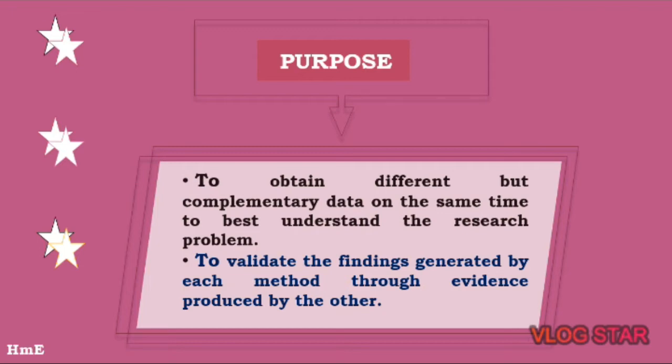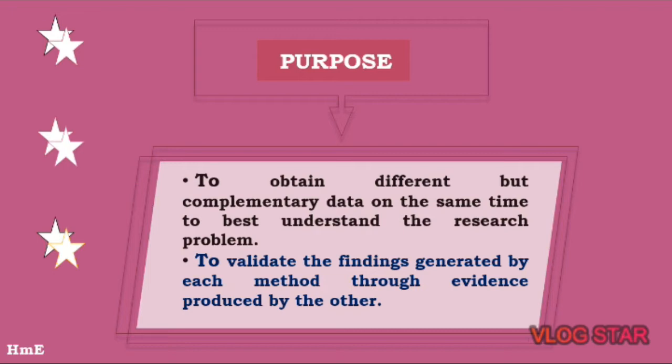This design is employed by the researcher mainly to know and to have a better understanding of the research problem, because both the data are collected in such a way that they complement each other to find a concrete solution.